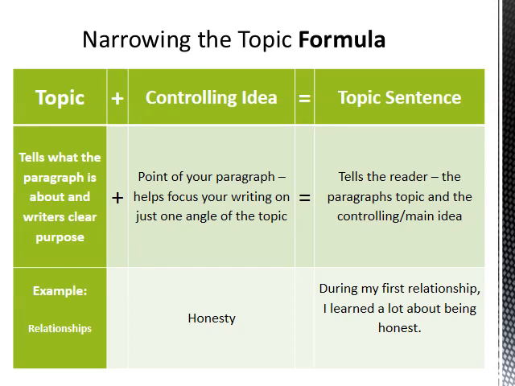But if you narrow it down to honesty in relationships, then what you can do is use the topic and the controlling idea, combine them together, and then come up with ideas, brainstorm, think about your different ideas in your head, write down some ideas, take the topic, the controlling idea, and then some of your ideas that you wrote about or some ideas that you have thoughts in your head, and then from there create your topic sentence. And this is the general formula that I would like you to do in your homework.